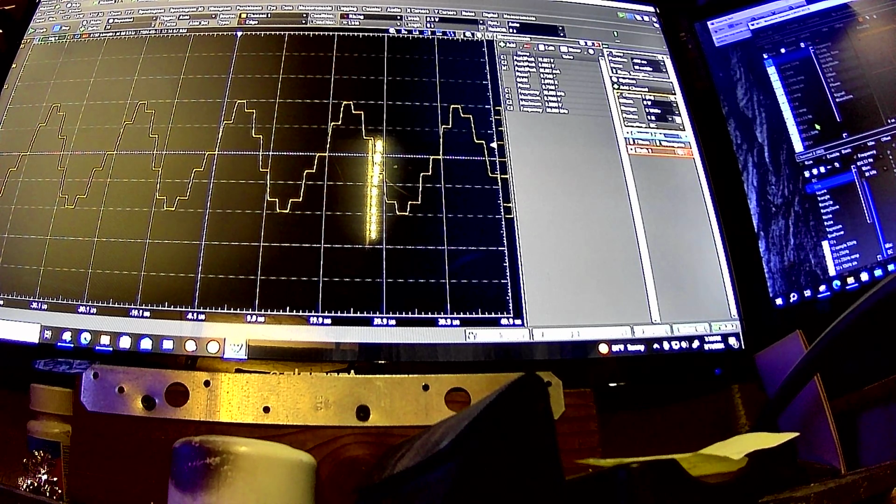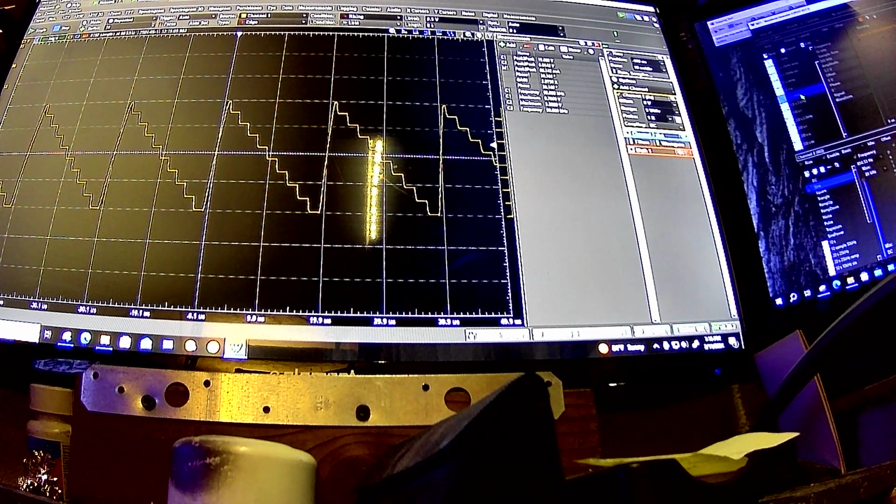And I did, let's see, I don't know if I did it at 10 or not. Let me see. Yeah, I don't think I did it at 10. No, I did. Here is the smoothest waveform you can produce, like a ramp rate, and you can see the slew rate doing its thing here.